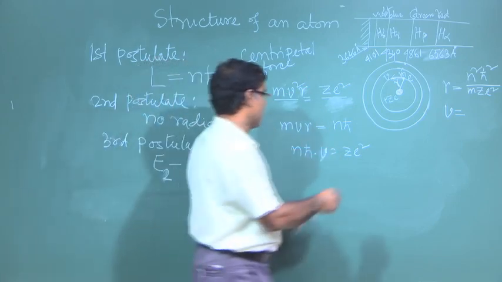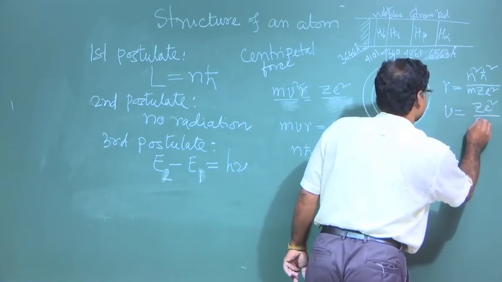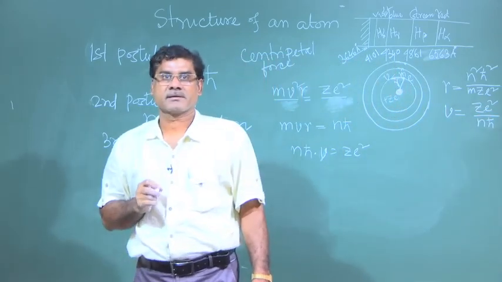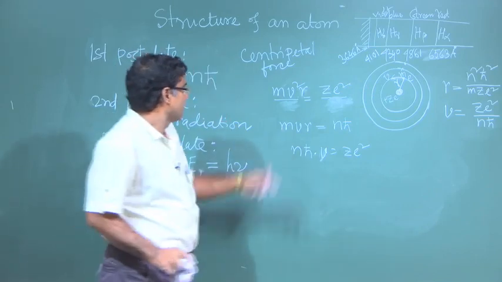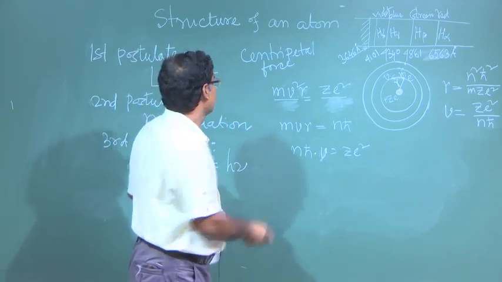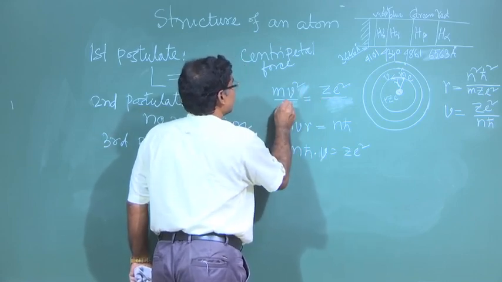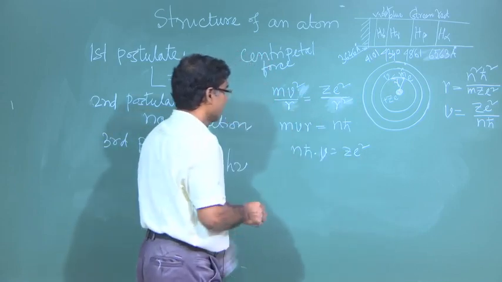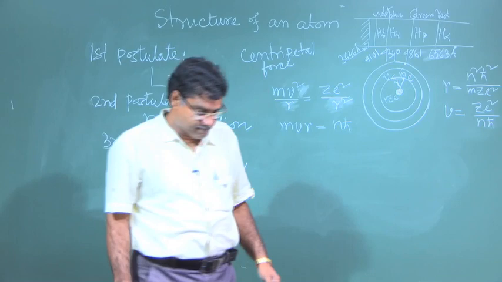So, v equal to Z e square by n h cross. Right. So, one can find this from these two basic equations. Let us go back. So, m v square by r equal to Z e square by r square. So, that is the original relation, these two relations. Okay.